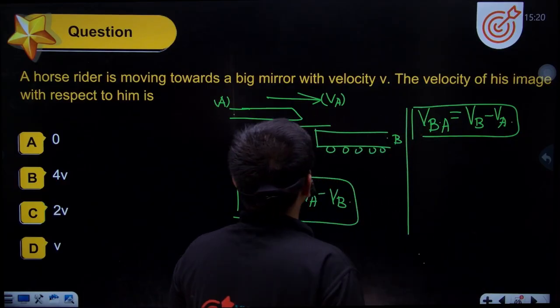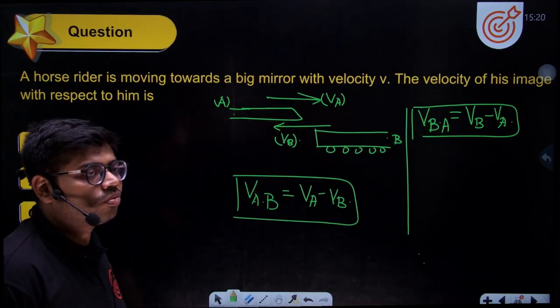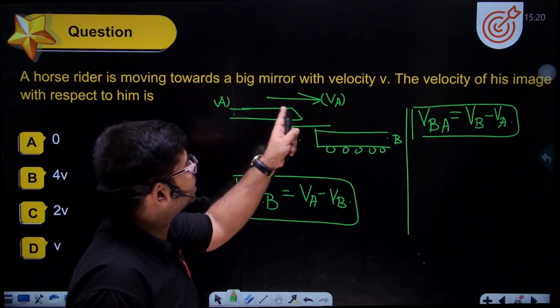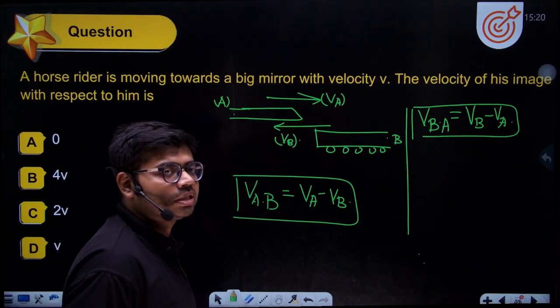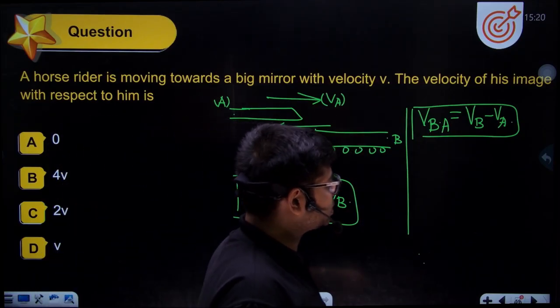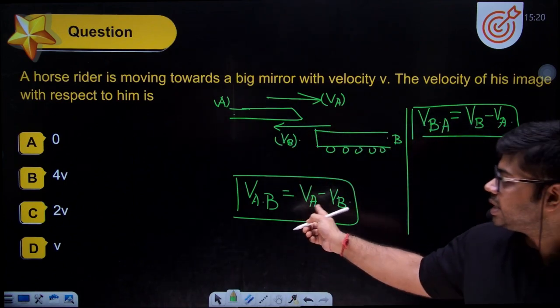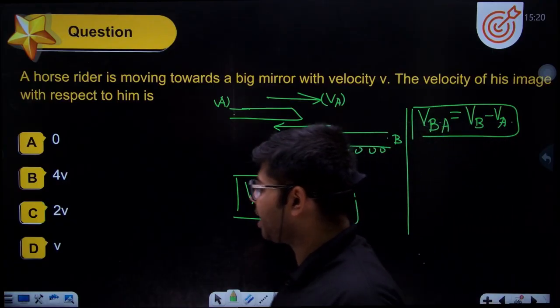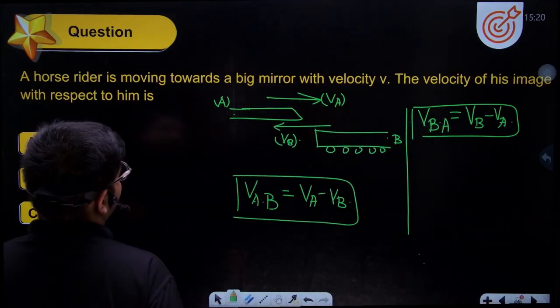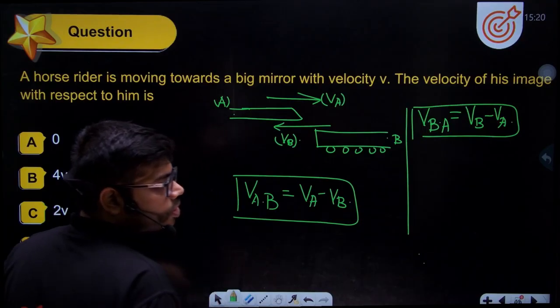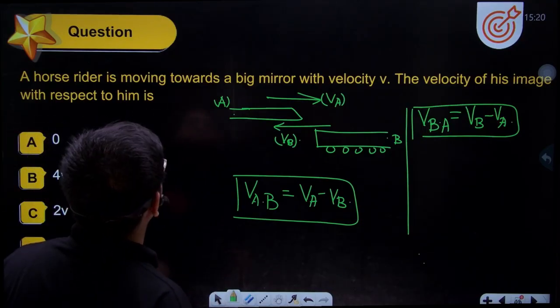Here the two velocities will add up. Why? Because the directions are opposite. If I take one direction as positive, the other is negative, and when you do VA minus VB, you are actually adding them. This is the concept I wanted you to understand.